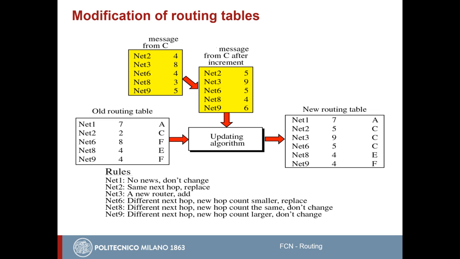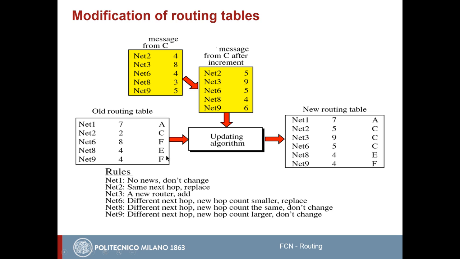As usual, an example is always more clear than an explanation in words. So let's take, for example, a node which has this old routing table. Here you can see a set of destinations, a set of distance values, and next stops for each destination.